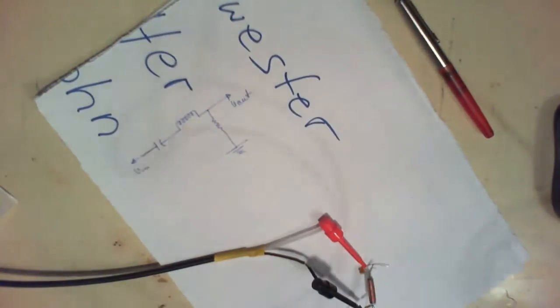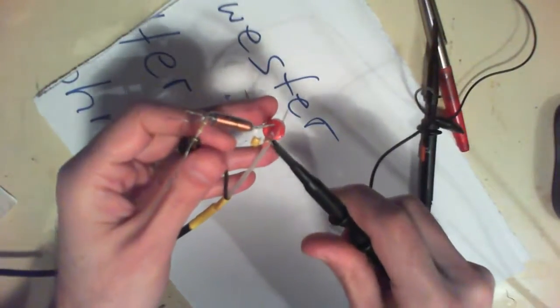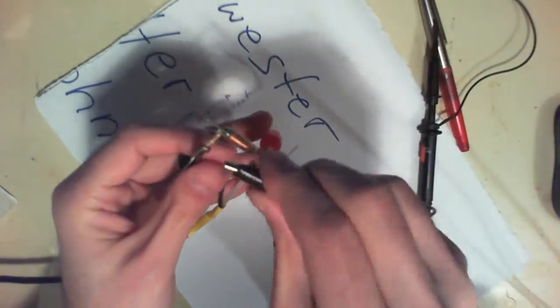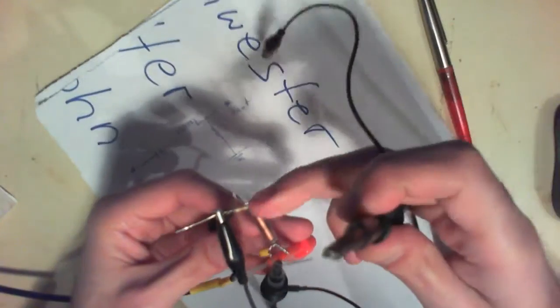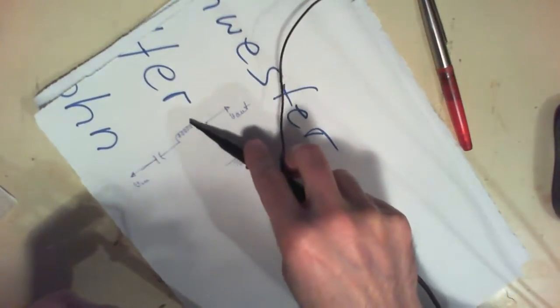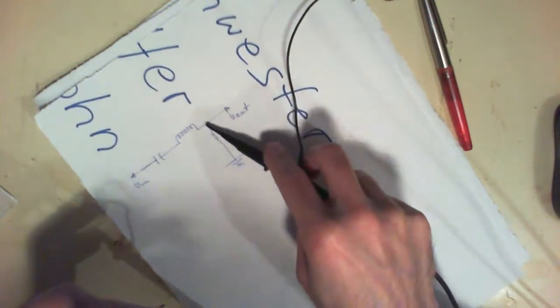Okay, so I connect my oscilloscope here. I connect oscilloscope channel 1 to the input, and the other one goes to ground, and channel 2 to the output, which is this point where the inductor is connected to the resistor.